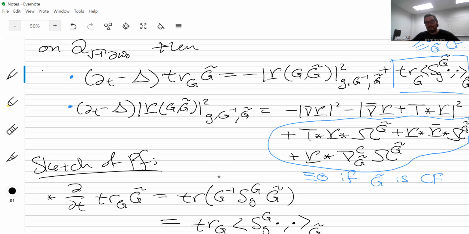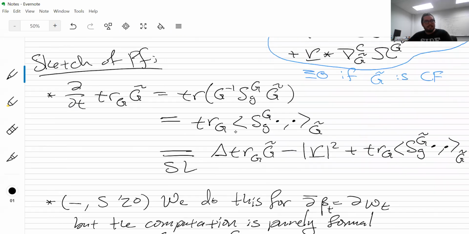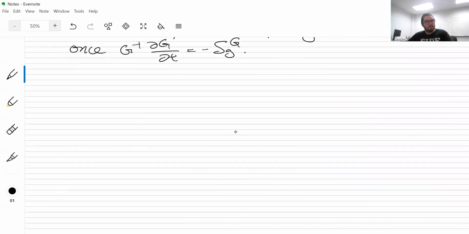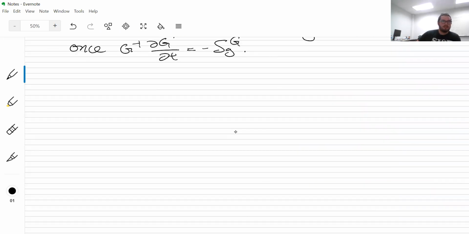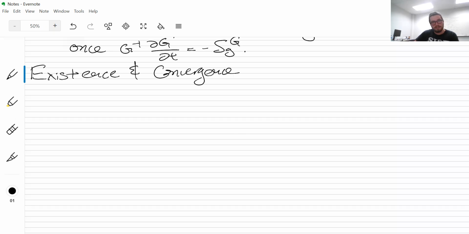Well, it turns out that you can go either way. So let me just say: existence and convergence on Bismuth flat backgrounds.